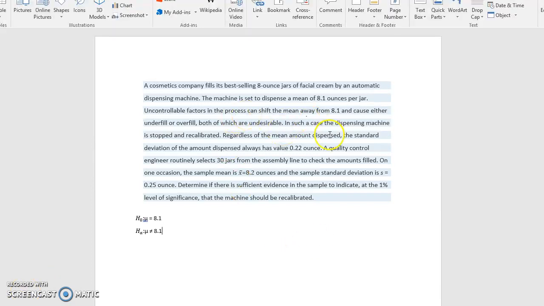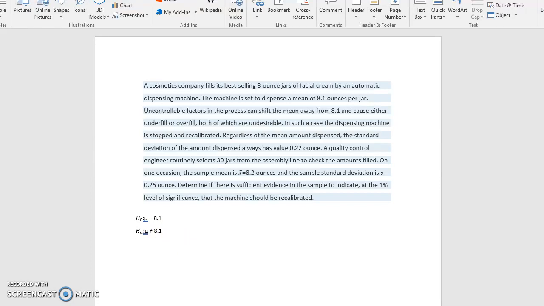Now, since it says up here that we do not want it to underfill or overfill, that means that our alternate has to be that the mean is not 8.1. We want it very close to 8.1, and we don't want it to be away from 8.1 in either direction. So there's our alternate. The mean is not equal to 8.1.